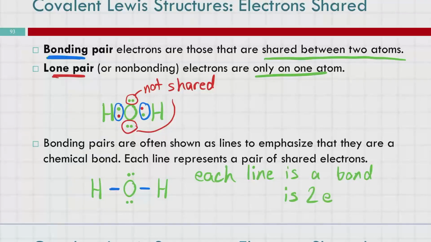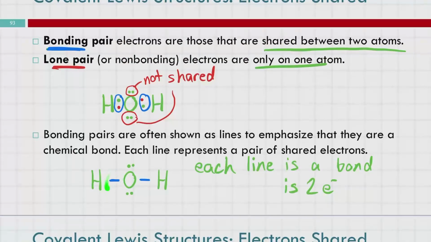And it is 2 electrons. So when we're looking at our octets or our duets, we count each of these lines as 2. So for oxygen, we've got 2, 4, because of the 2 bonds, 6, 8, counting our non-bonding or lone pairs. So we still have our octet for oxygen.